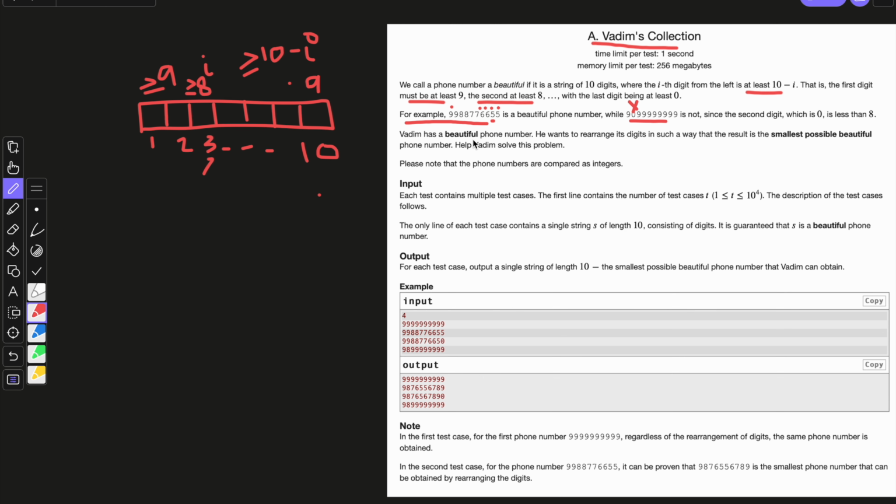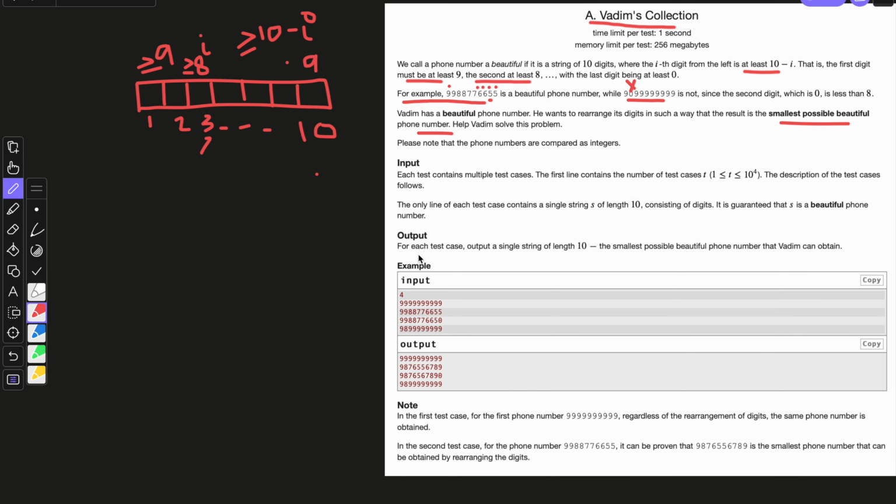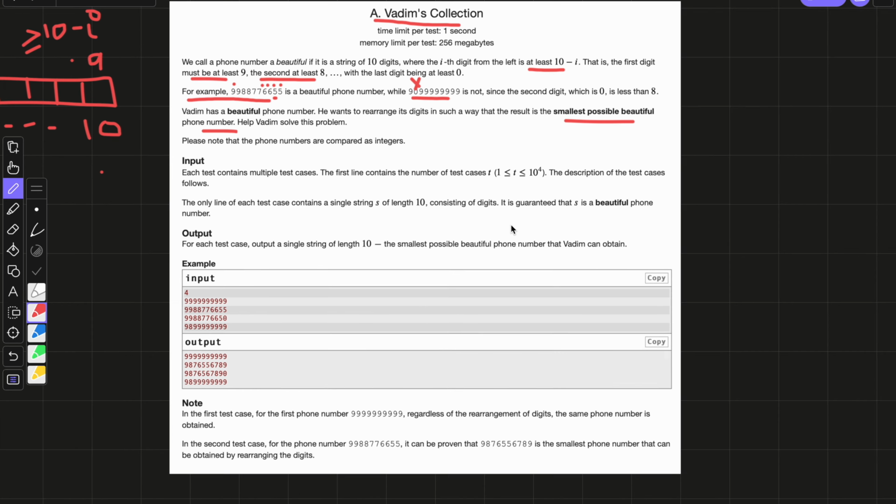Vadim has a beautiful phone number. He wants to rearrange its digits in such a way that the result is the smallest possible beautiful number. So we have to arrange the digits so that the number formed is minimum and is a beautiful number. How are we going to approach this problem?